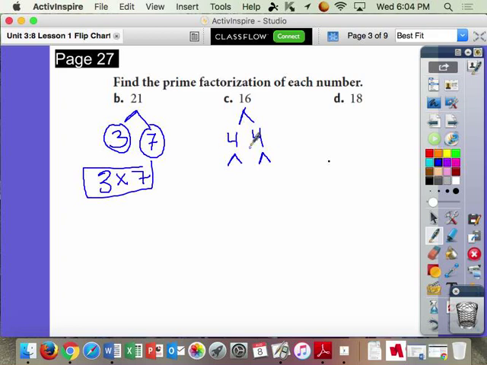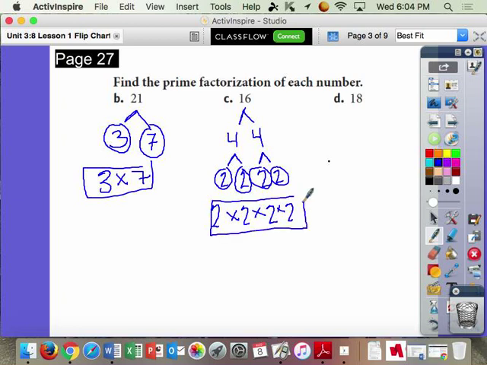What two numbers multiply to give you 4? 2 and 2. Is 2 a prime number? We did that prime and composite sheet the other day. It is a prime number. And we're going to do the same thing for this 4. So our answer would be 2 times 2 times 2 times 2. This right here is the prime factorization of 16.